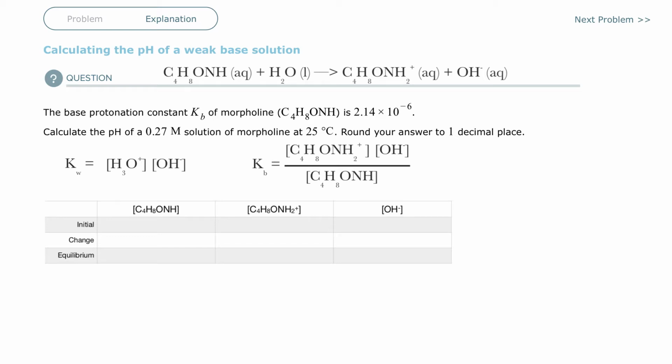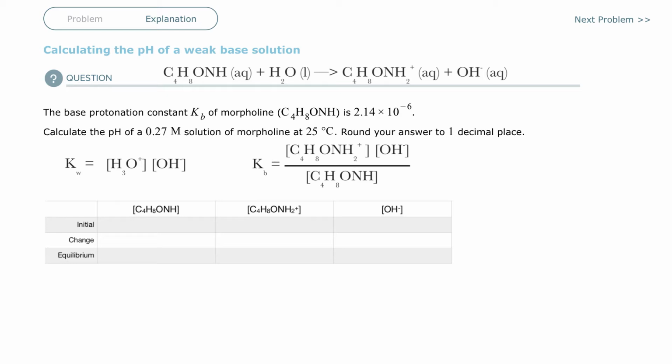So since the beginning of this problem is not equilibrium, I have to have an ICE table. ICE, remember, stands for initial. So you're going to give the molarities, what you know at the beginning. The change, in this case, is going to be, I want the concentration of the OH, and then the equilibrium is the sum of the two.